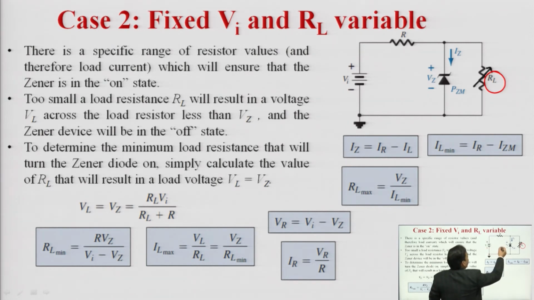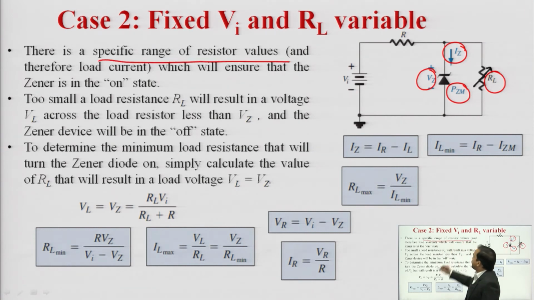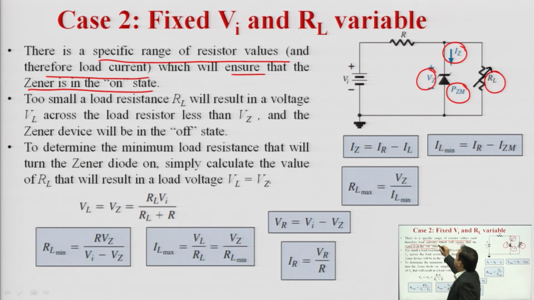Again we have the same notation: PZM, the maximum power dissipated by the Zener diode, Vz is the Zener voltage, Iz is the Zener current. So, how can we find out the parameters for this particular circuit? Here there is a specific range of resistance values, and corresponding to this range of RL, we have a variation in load current as well, which will ensure that the Zener diode is in the on state.